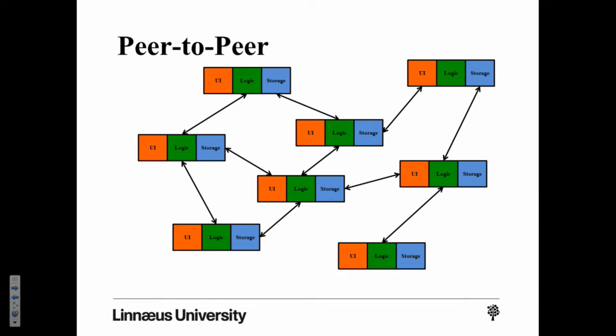But again, let's return to this interaction pattern. Well, what you have here is a dynamic network, an open application, where these peers can enter and leave the network without affecting the network as a whole.